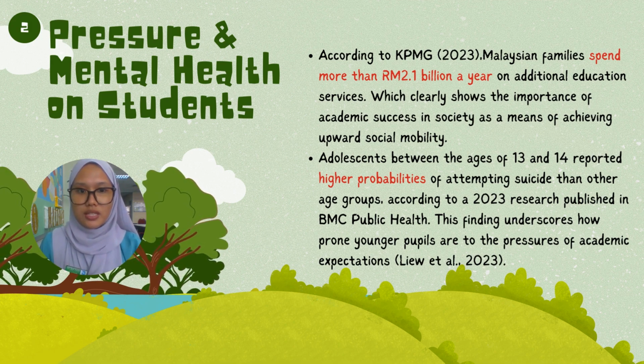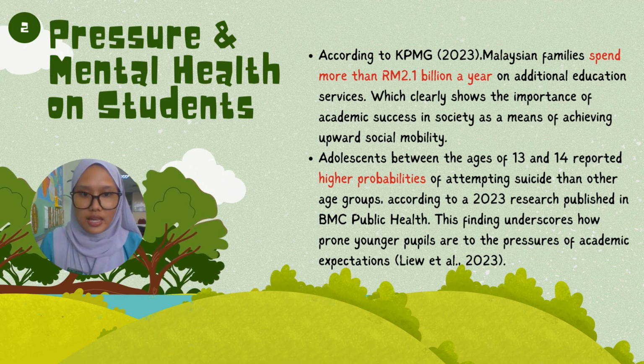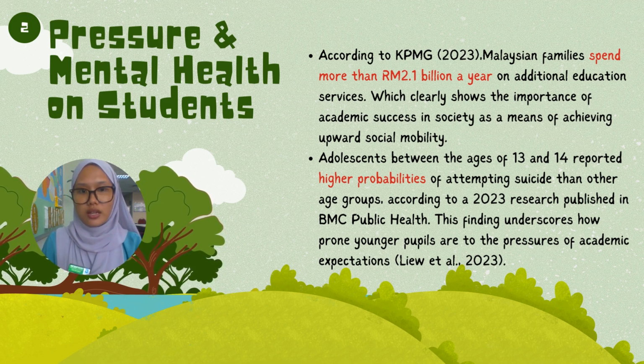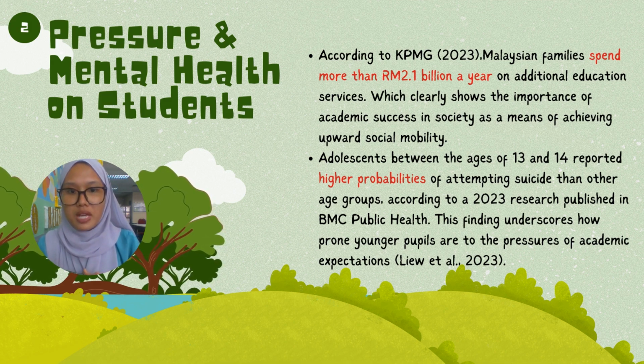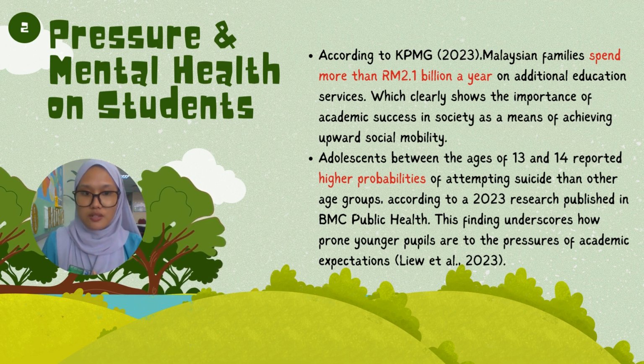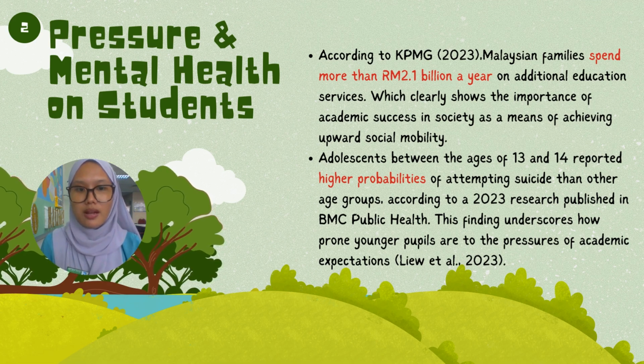Adolescents between the ages of 13 and 14 reported higher probabilities of attempting suicide than other age groups. This can be proven with the 2023 research published in BMC Public Health. This finding underscores how prone younger pupils are to the pressures of academic expectations.